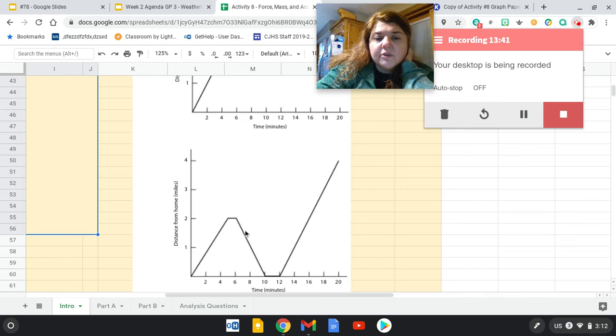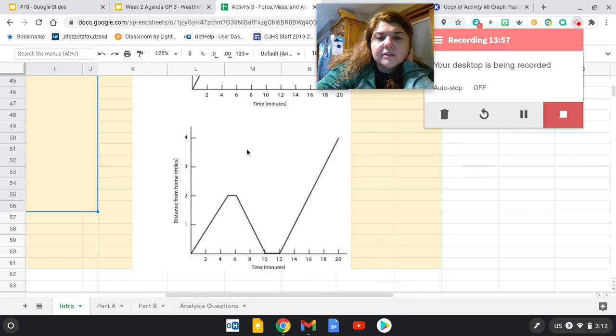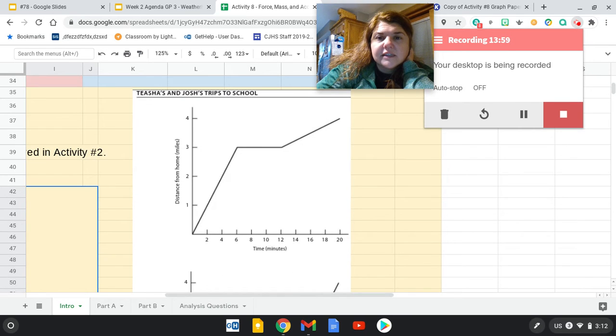Now, if the slope goes down and negative, that is when they are coming closer or going back home. Okay? Those are a couple things that you can tell from these graphs. What are some other things?